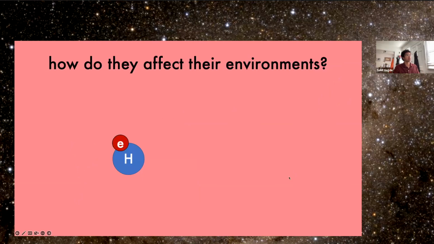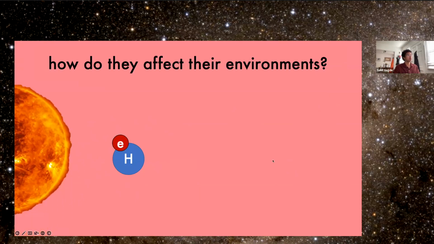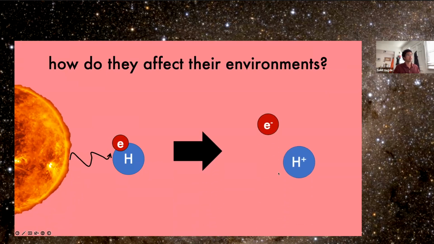So for a quick recap on how they affect their environments, like I said before, you have hydrogen around these stars in the early universe. Then a star appears. The star emits a photon that interacts with the hydrogen, and then it breaks it apart. So you get this ionized hydrogen, which is just a proton and an electron.